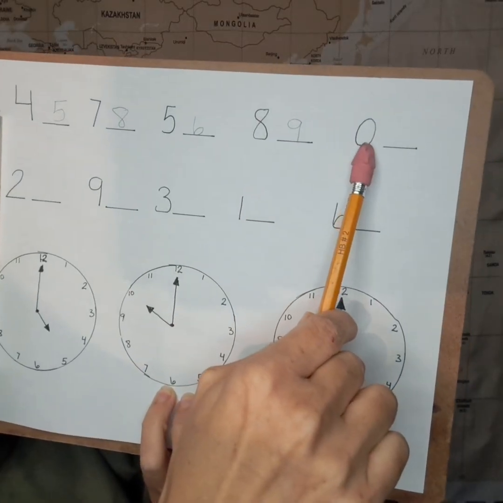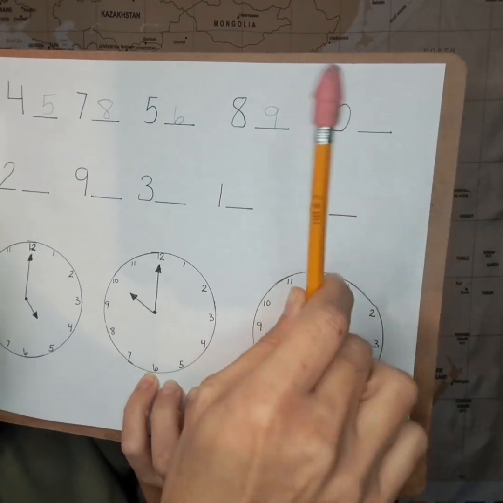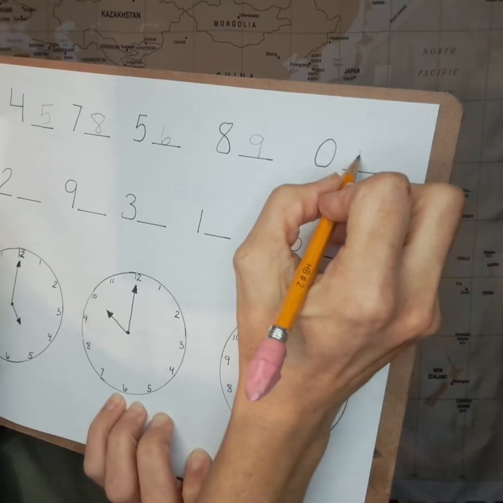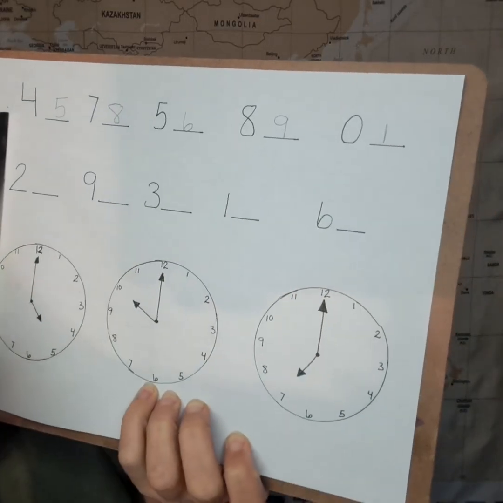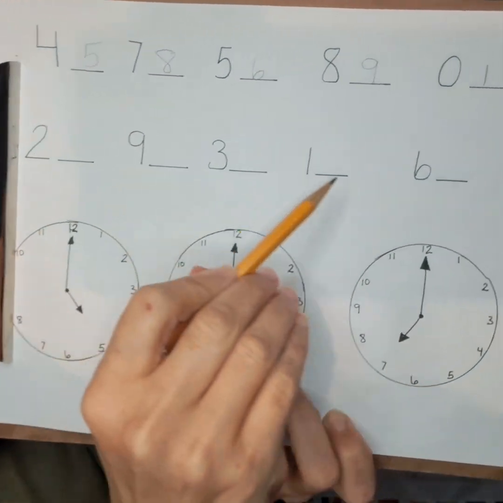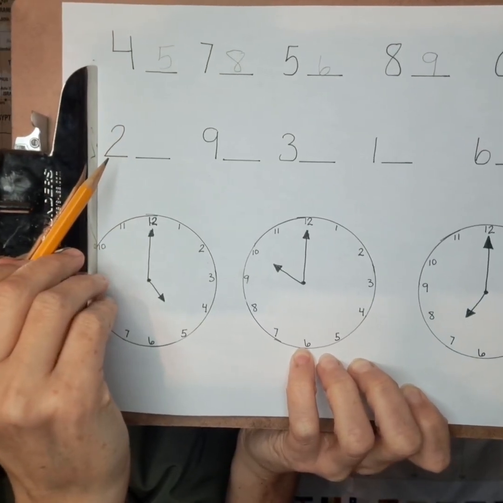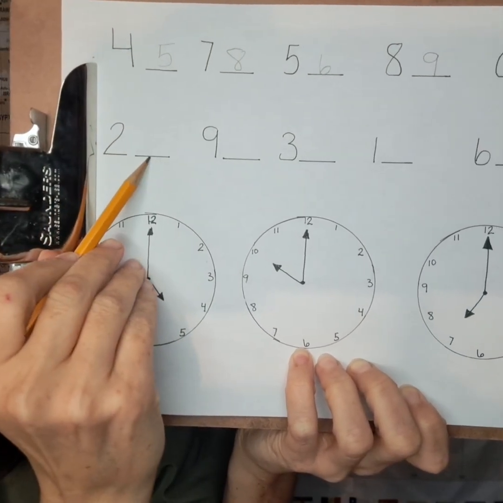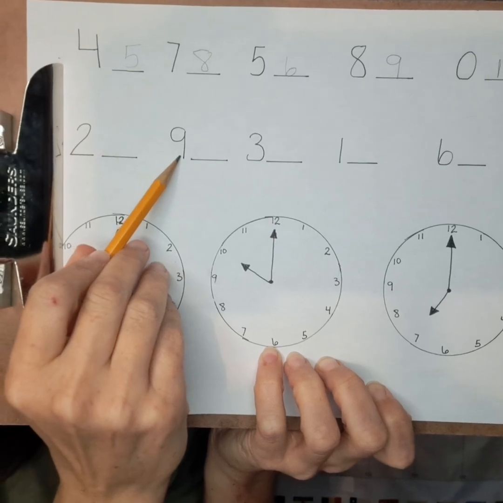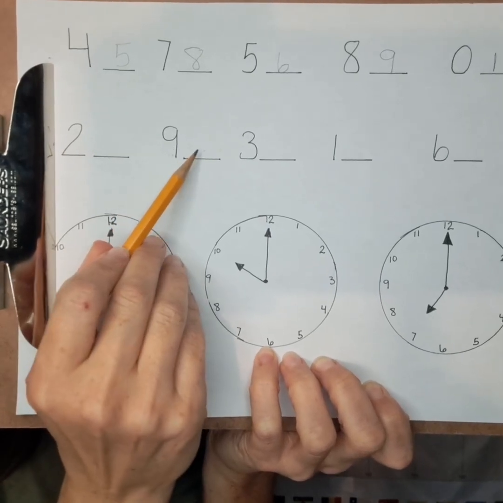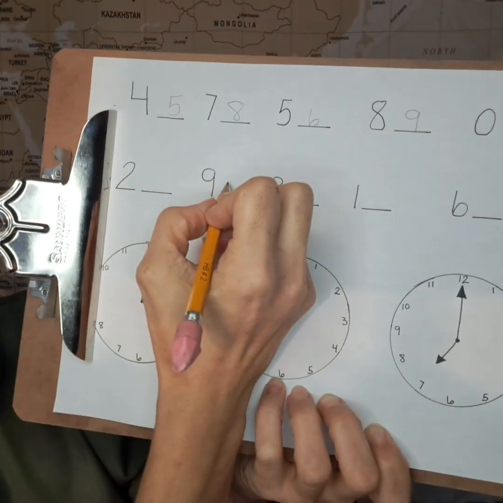Now what number comes after 0? That's easy. 1. We got to start with 1. Okay, one more row of numbers that come after. What comes after 2? 1, 2, 3. What number comes after 9? 10. 9, 10. And this is how you make a 10.